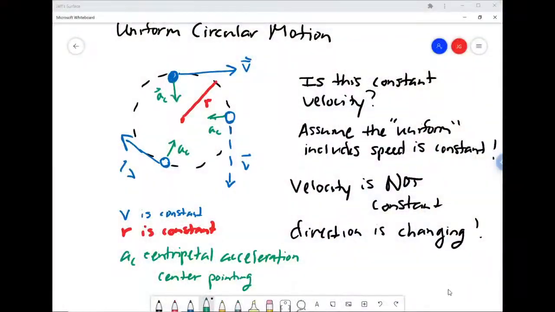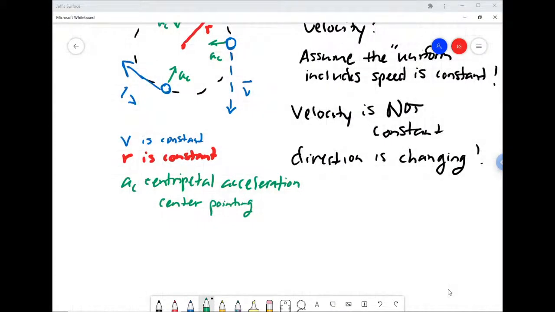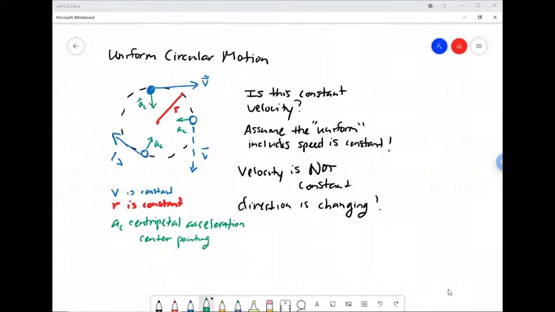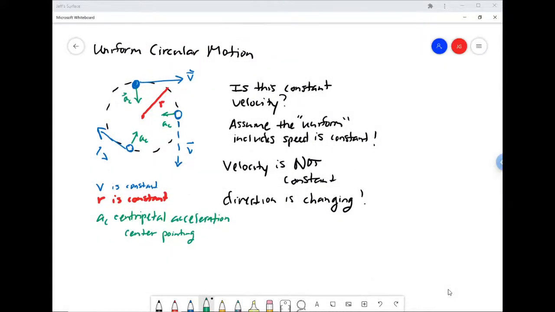It's a function of 1 over the radius, and of v squared, the speed squared. I'm going to write this down and then ask you some conceptual questions about what this means. So the magnitude of this thing is v squared over r.